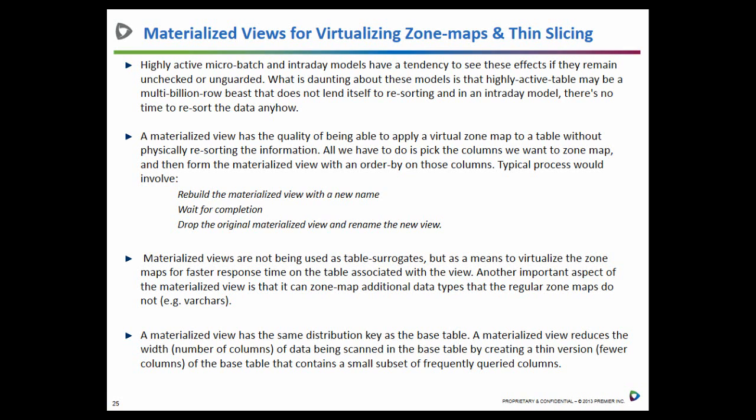A materialized view has the same distribution key as the original table, and it's typically created to make a thinner version of the original table. And it's created for virtualizing the zone map. You don't necessarily have to create a cluster-based table with an admission date key.